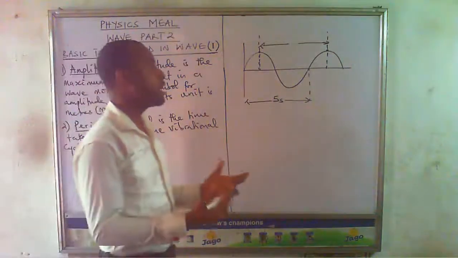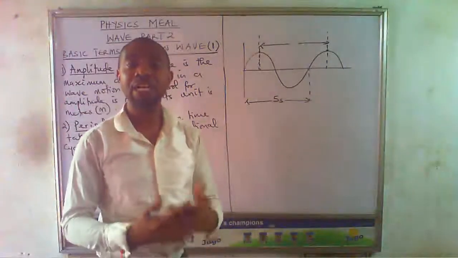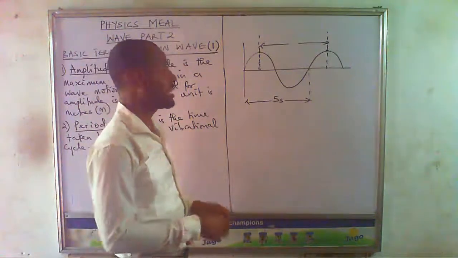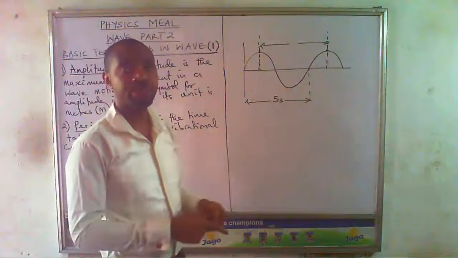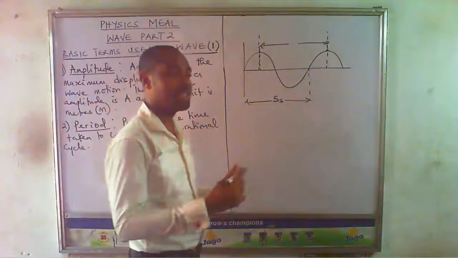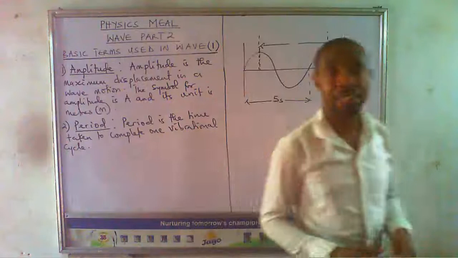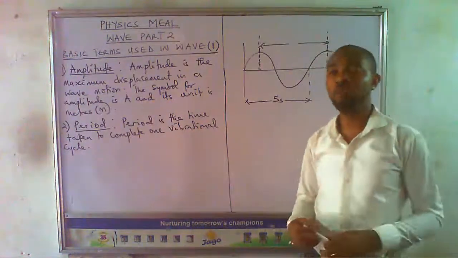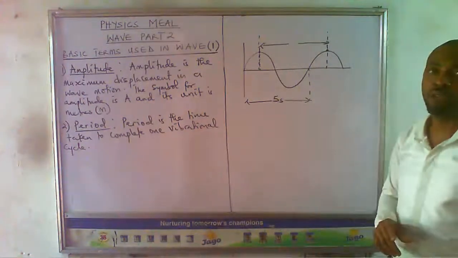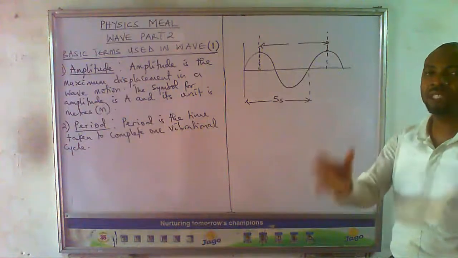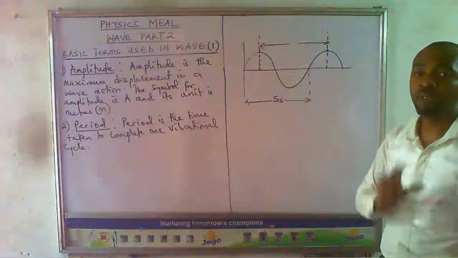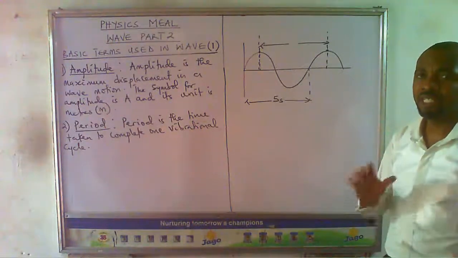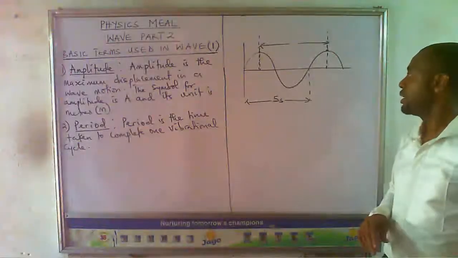The same way, if we talk about points that are in phase, the time taken to complete the distance between two successive points in phase is also the period. So anytime one cycle is completed, the time taken to complete that one cycle is the period. I think this is very clear.